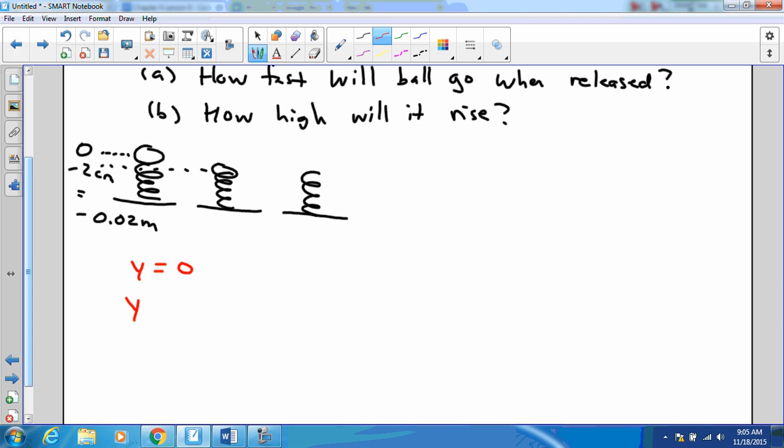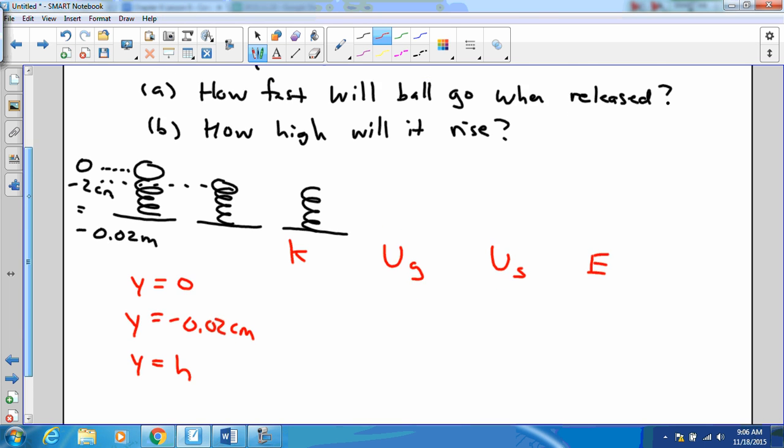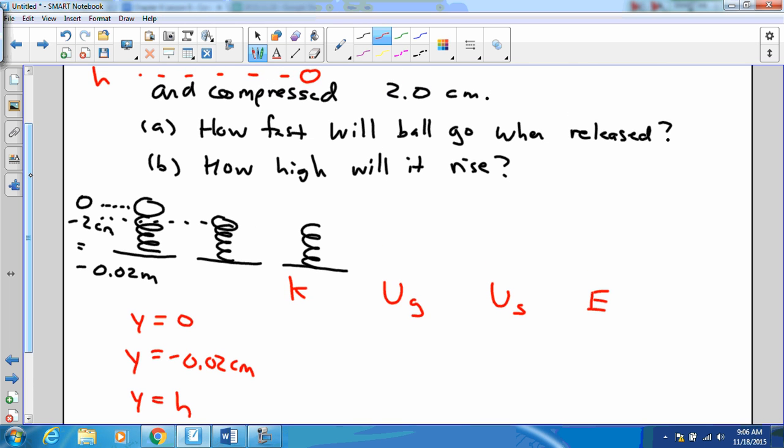Let's account at y equals 0, y equals negative 0.02, and up there at y equals h. And we'll take a look at the kinetic energy of the ball, at U for gravity, and at U for the spring, and then at the total energy.